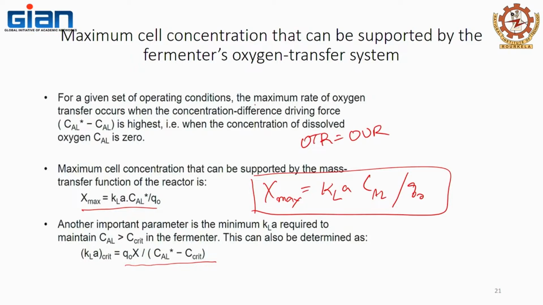This is like, to maintain the cells that I have right now, what is the minimum KLa value that I have to have? If I know what my X max value is and I want to know how much KLa I need to maintain that X max, I will use the second equation. The first is to get what X max I can get. The second is what KLa I should have to maintain it.